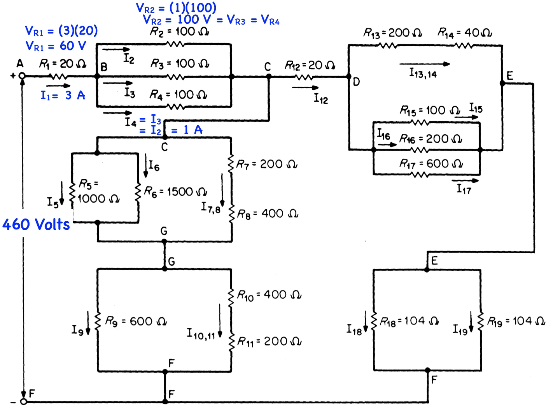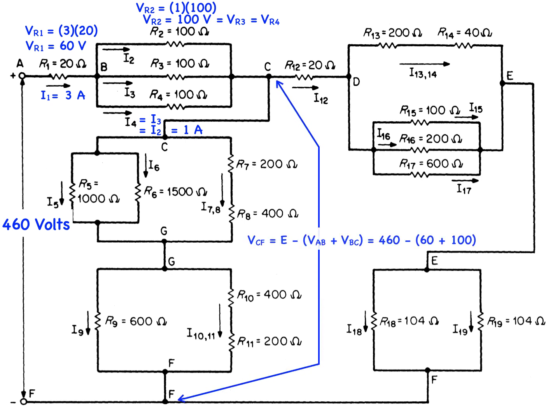The voltage drop from C to F can be calculated, which is the supply voltage E minus the voltage drop AB plus BC, or 460 minus the quantity 60 plus 100, which is equal to 300 volts.